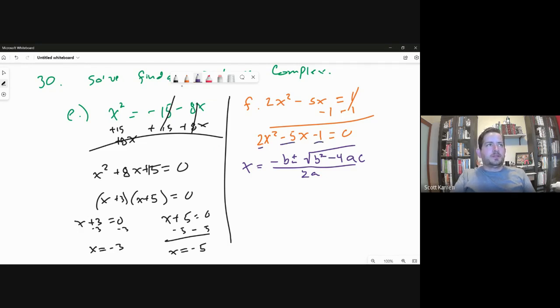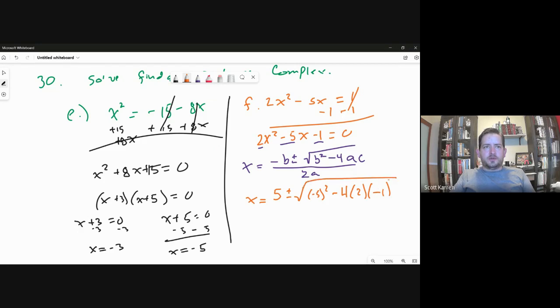So this becomes x equals negative b, but b is -5, so negative b is +5, plus or minus the square root of b squared, so that's -5 squared, minus 4 times a, which is 2, times c, which is -1.